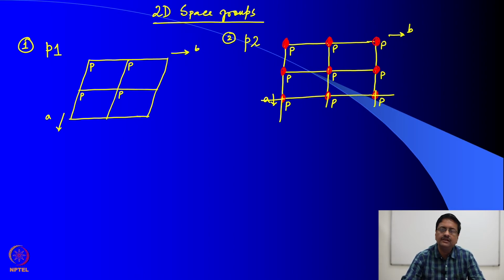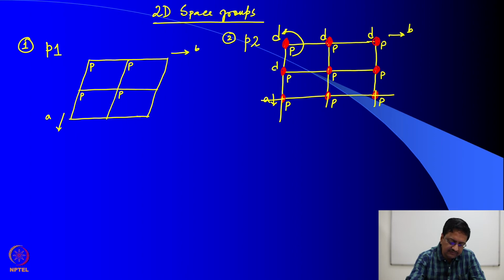So now if we apply this twofold symmetry to each of those objects, this letter P, when rotated about 180 degrees, comes here, this goes there, this comes here. Similarly, you have the objects like this.